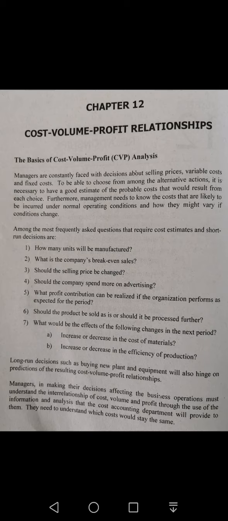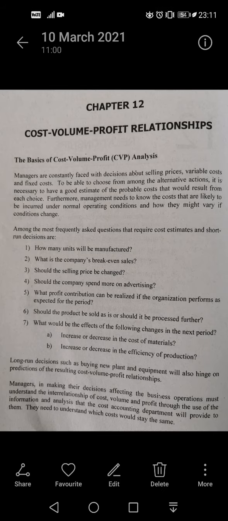CVP, or cost-volume-profit relationships. There is a basic cost-volume-profit analysis. Managers are constantly faced with decisions about selling prices, variable costs and fixed costs, to be able to choose from among the alternative actions.